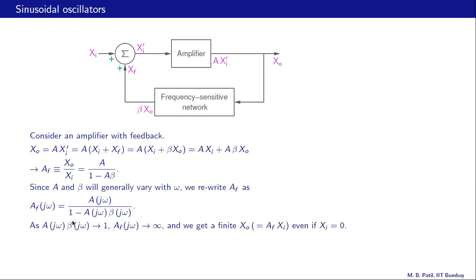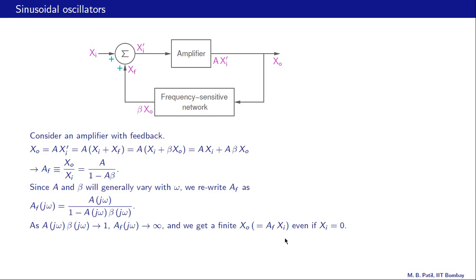Now what happens if A times beta becomes 1? The denominator will become equal to 0, and then AF will tend to infinity. And then what happens? Then we get a finite xo, which is equal to AF times xi, even if xi is very, very small or 0 in the limiting case.